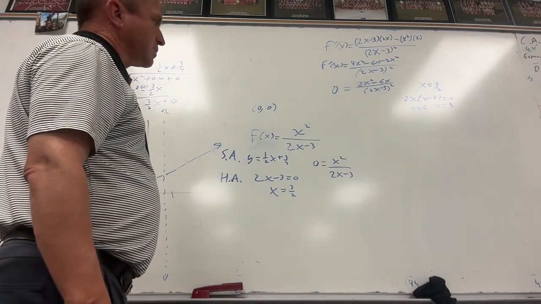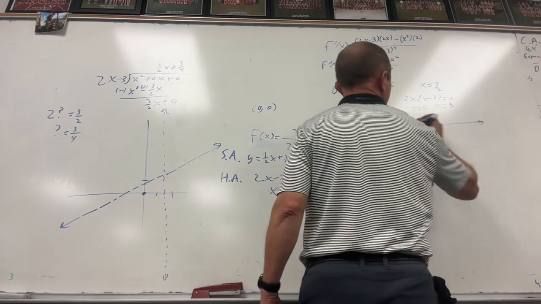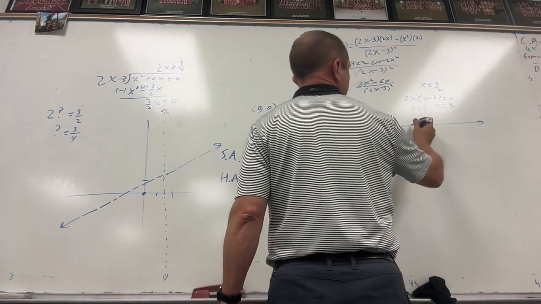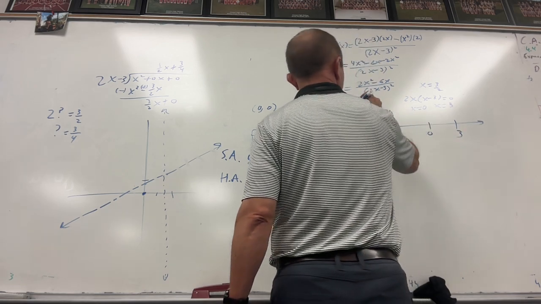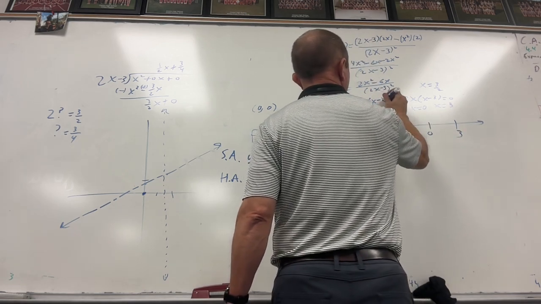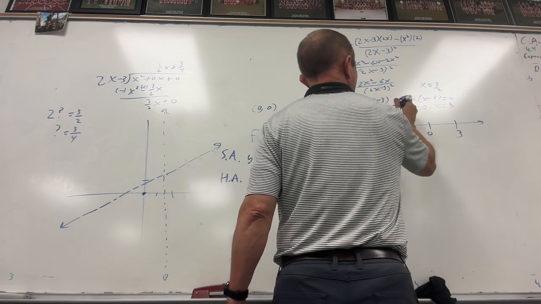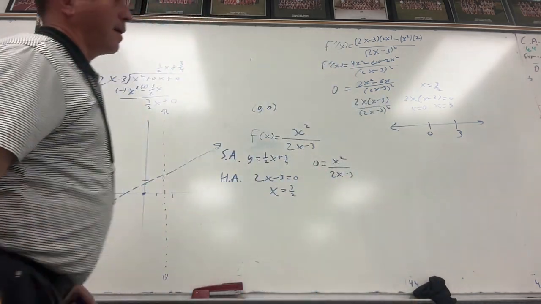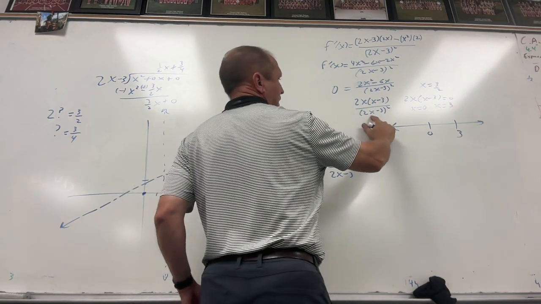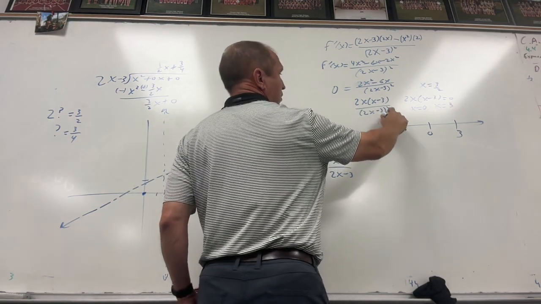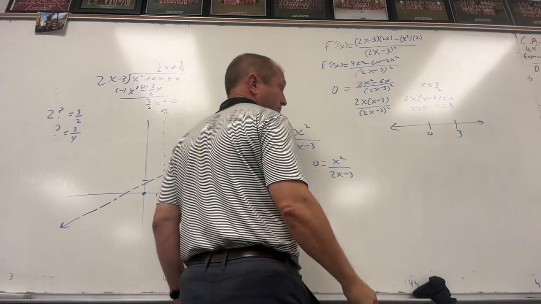All right, so let's put these values on a number line and consider where we're increasing or decreasing. Okay. Now, remember, in this case right here, as long as the denominator's not 0, we're going to get a positive number because we're squaring a non-zero number.